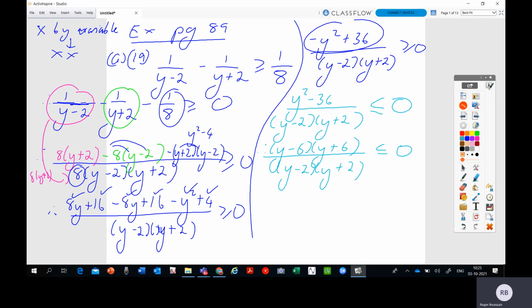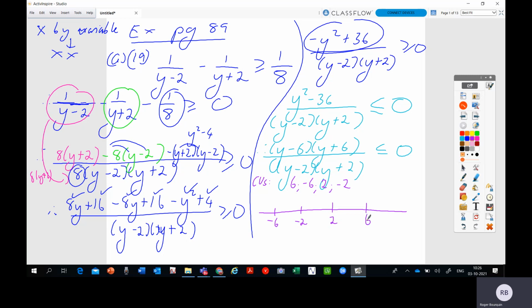So now we have 4 critical values: when y is equal to 6, minus 6, 2, minus 2. We put those onto the number line, so I get minus 6, minus 2, 2, and 6.